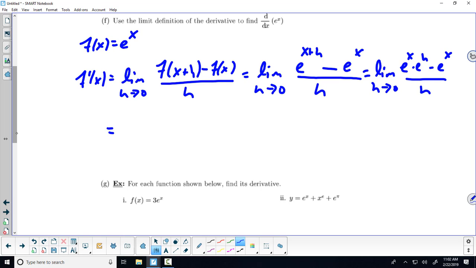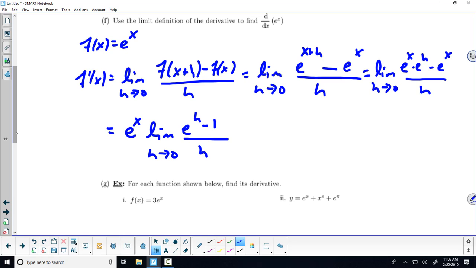It does not depend on h. So I can factor e to the x out of that. So that's a tricky move, folks. We haven't done that before. And that's what I'm left with.